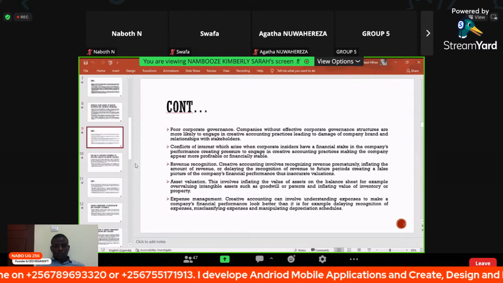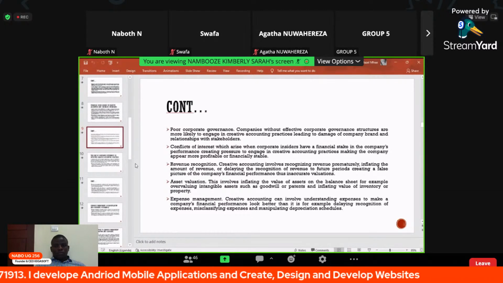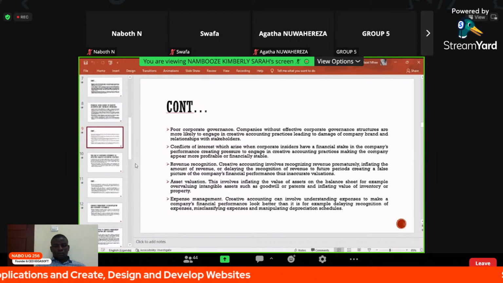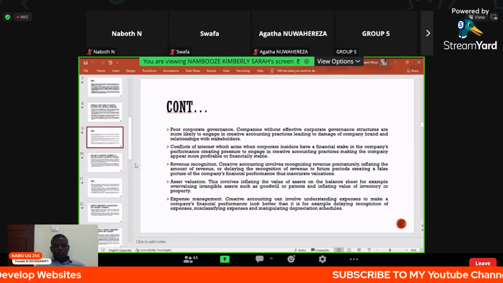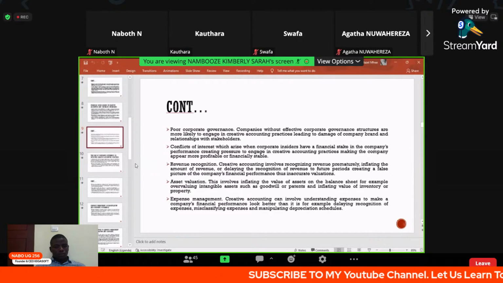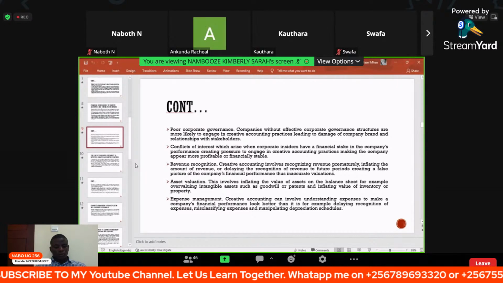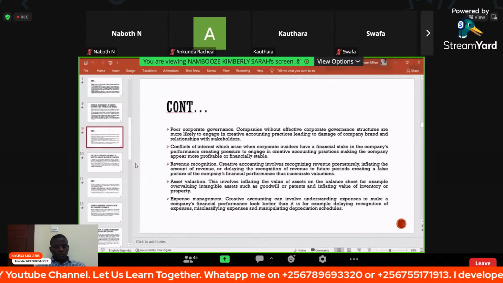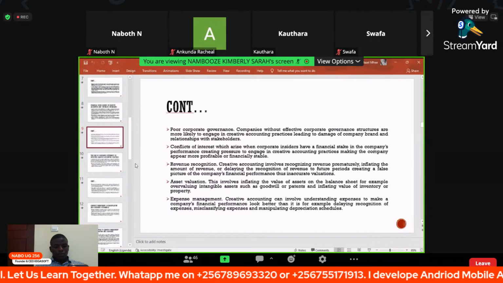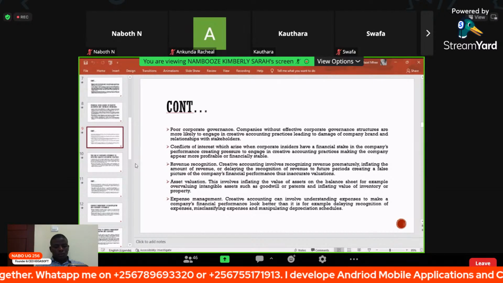The other point is conflicts of interest, which arise when corporate insiders have a financial stake in the company's performance. This creates pressure to engage in creative accounting practices, making the company appear more profitable or financially stable. Of course, if you show the public that you're getting profits, that's what they will know, except maybe those who are inside and involved in those issues.